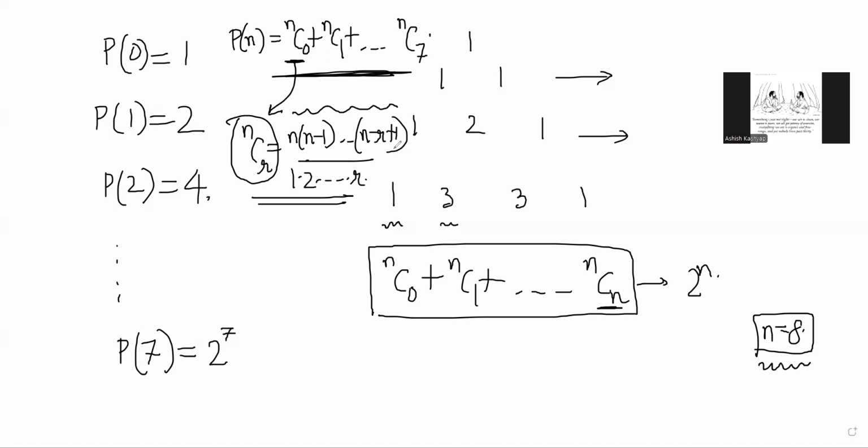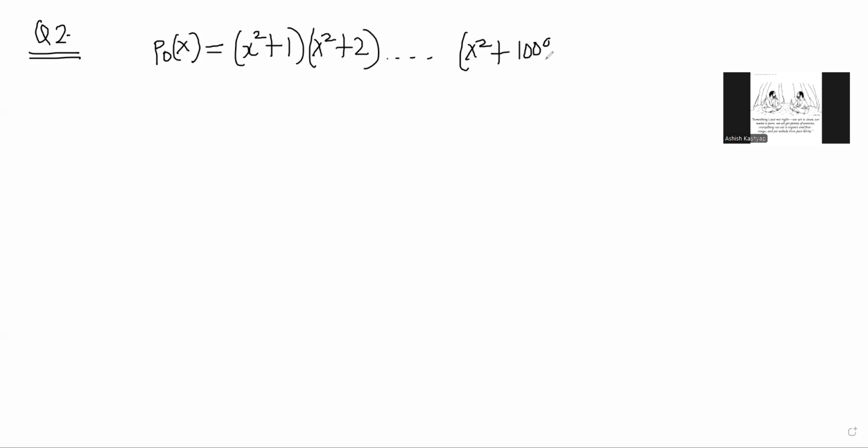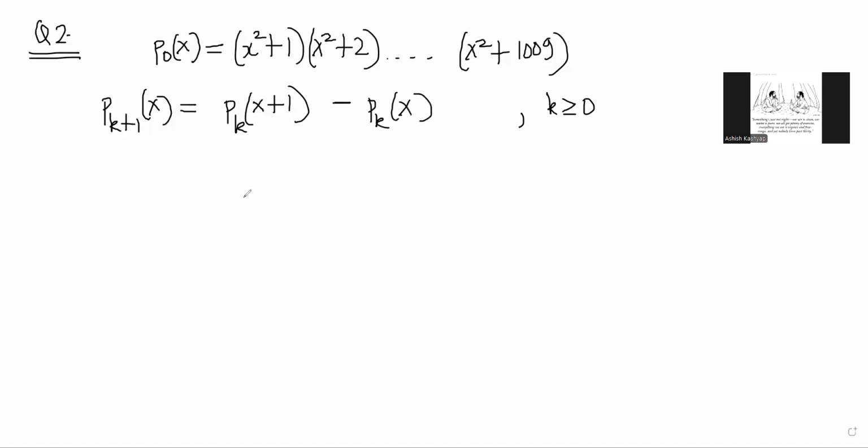Okay. The next question was the recursion question, where we had a sequence of polynomials with real coefficients which were defined by these rules. P0 of x was equal to x square plus 1 times x square plus 2, so on till x square plus 1009. And P of k plus 1 of x was defined as Pk of x plus 1 minus Pk of x for k greater than or equal to 0.